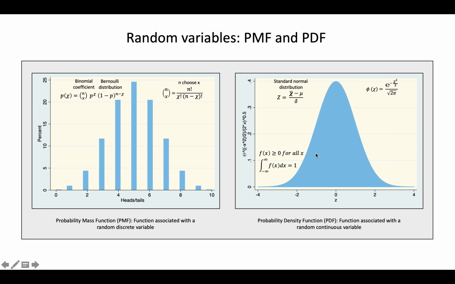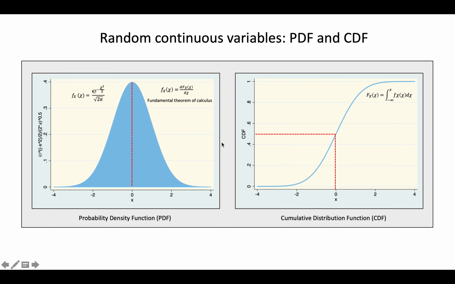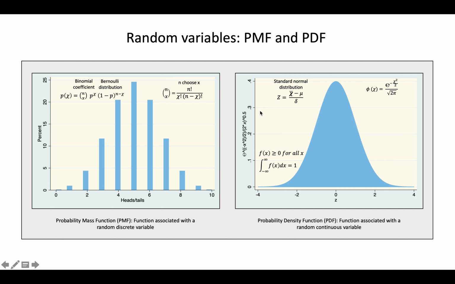So basically the PDF is just the area under the curve, the probability of the area under the curve when the z variable takes any value on the horizontal axis here.